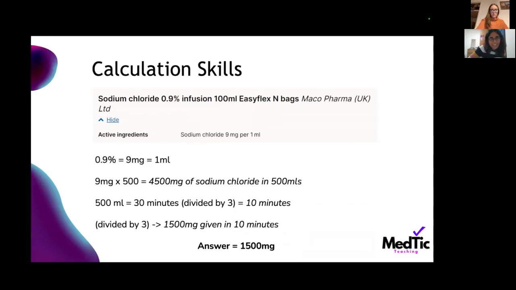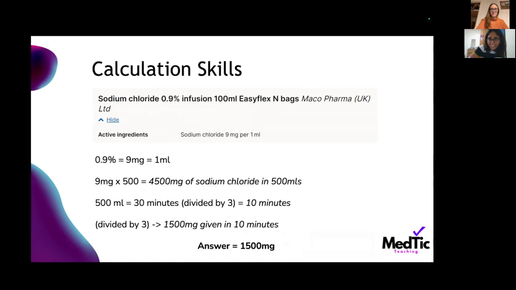Yeah, so that would be 900 milligrams. Yeah, there you go. Tess has done the workings out for me. So that would be 900 milligrams in 100 mil.